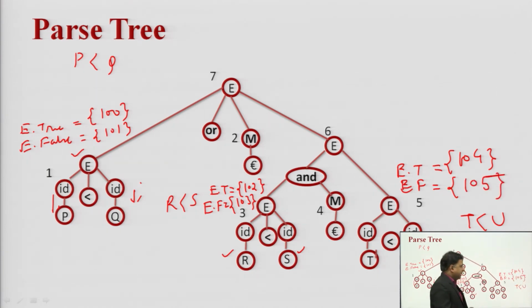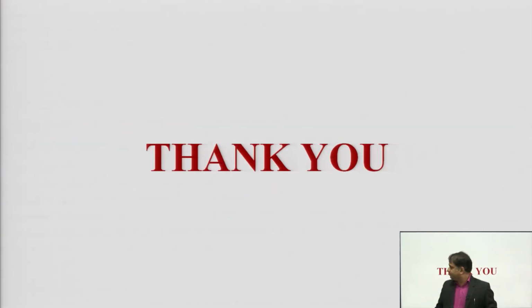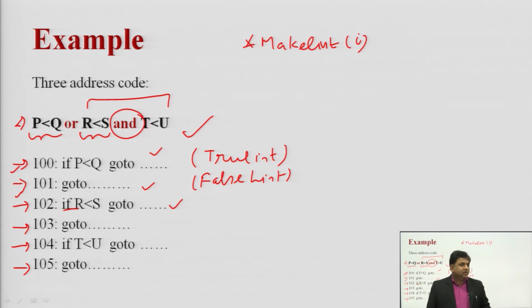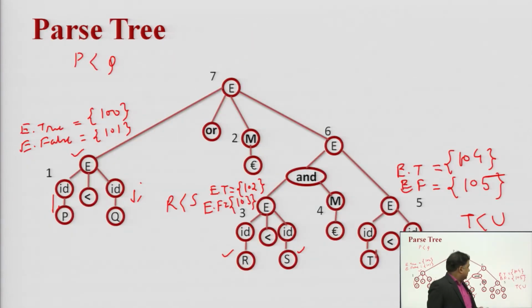So these are the steps. First, I draw the parse tree for each relational operator expression. Next step is to merge these two expressions, R is less than S and T is less than U, with the AND operation.